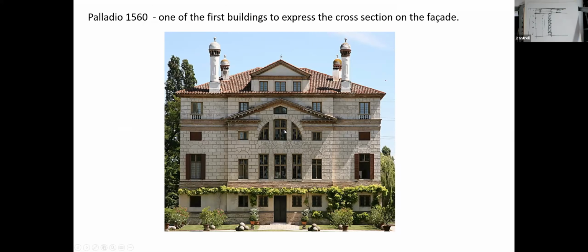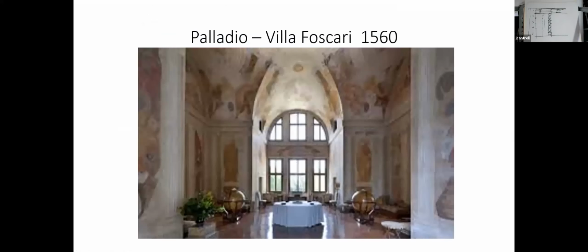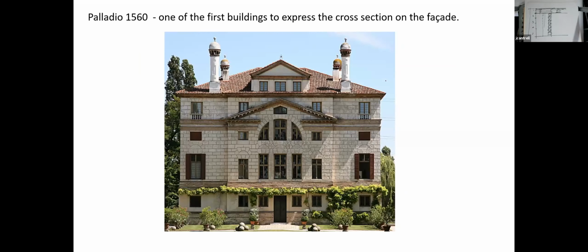What I was saying earlier in the lecture last week is that the barrel vault on the inside expresses the nature of the space on the facade. This is one of the first buildings in architecture to show the cross-section registered on the facade as the Diocletian window. So it's interesting that the entire barrel vault is expressed as a layer of the Diocletian window on the facade. Palladio is a Renaissance architect, 1560.